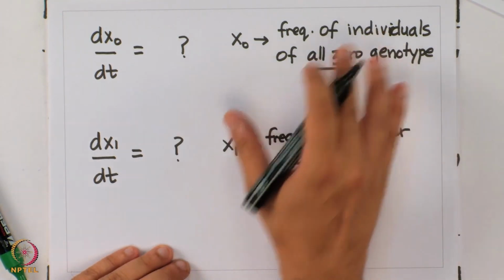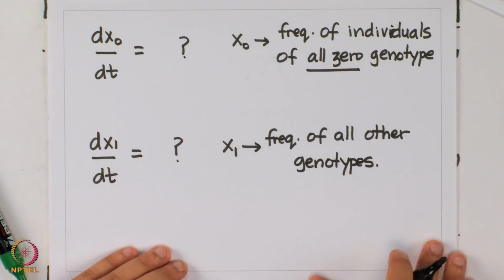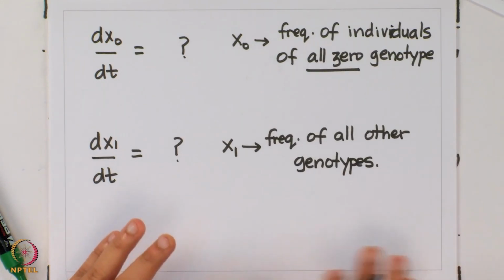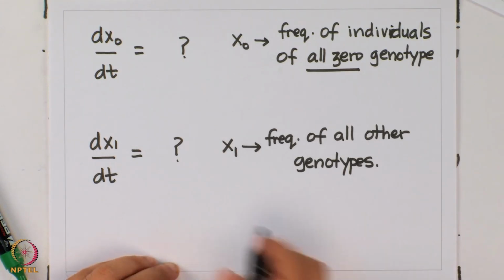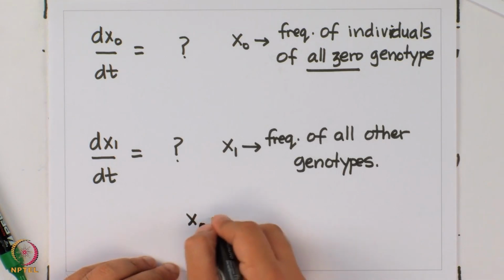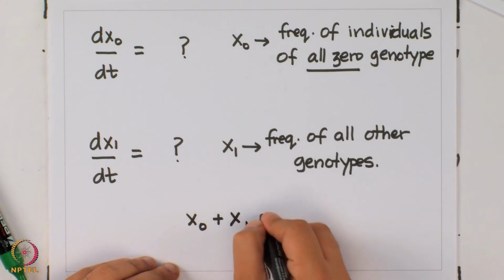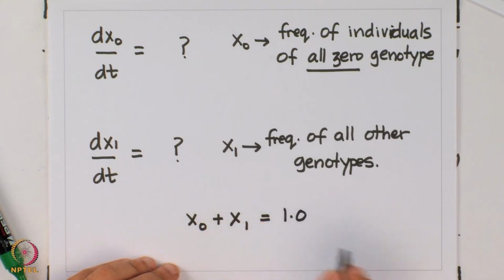Because these two quantities x naught and x1 constitute all the possible genotypes associated with sequence of length L, x naught plus x1 has to be equal to 1.